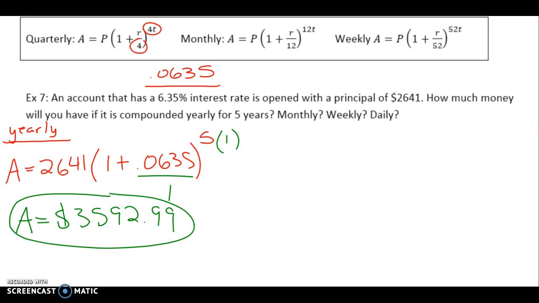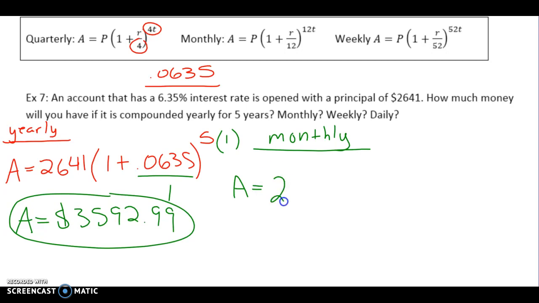Now we're going to do monthly. Couldn't you divide that by quarter? No, that would be how much you made every month, not at the end of the 5 years. We still want at the end of the 5 years. Okay, so now, monthly, our formula is going to change. So now it's A equals, write this down, what's the principal?